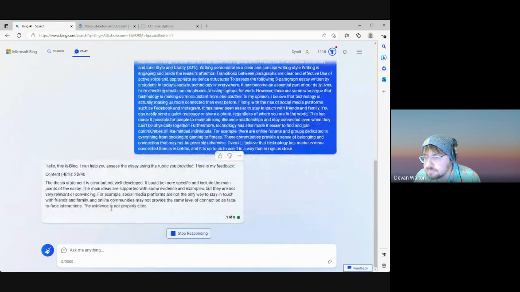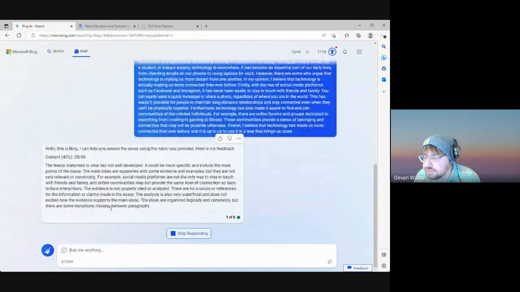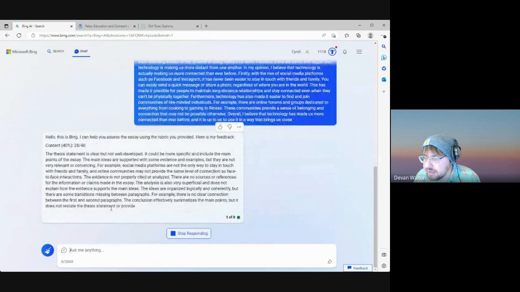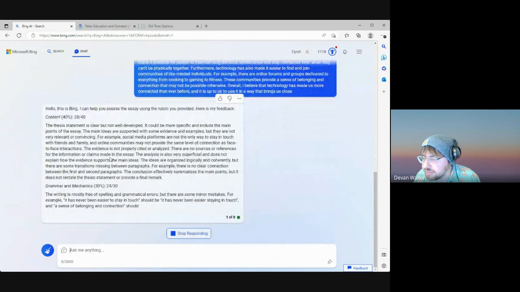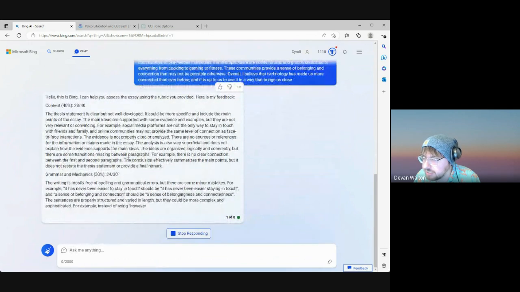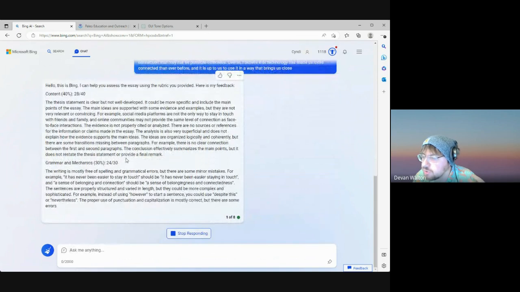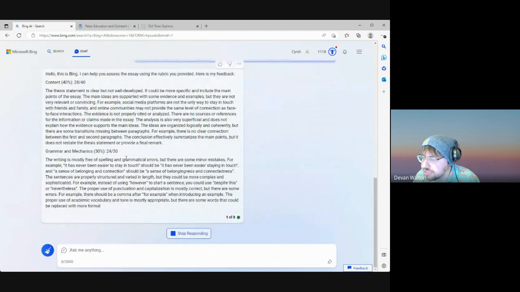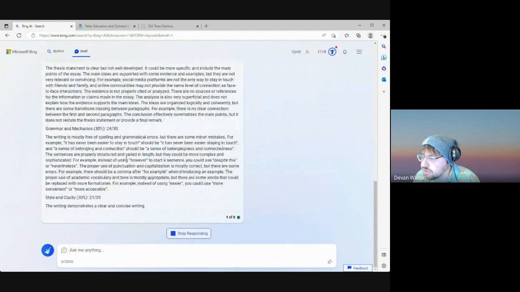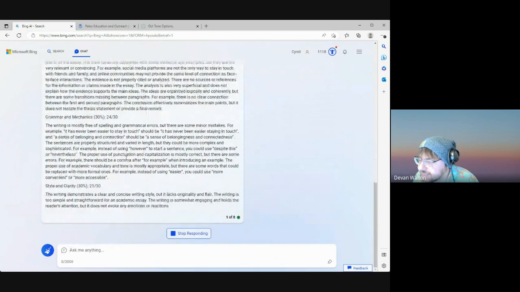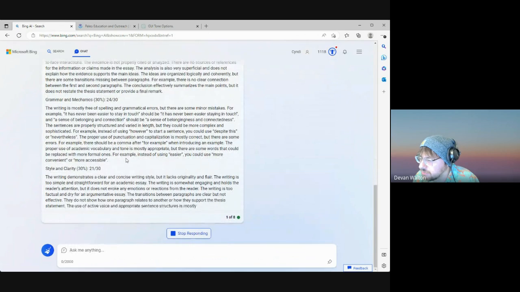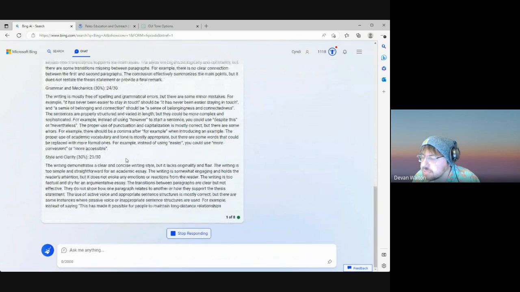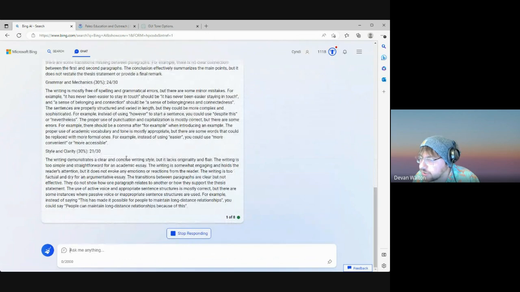So, as you can see, Bing is a little bit more stringent in applying the rubric. It's able to more accurately identify mistakes than ChatGPT. Bing in general is just a more sophisticated model than ChatGPT, so it's able to do more complex tasks that require some degree of semantic analysis better than ChatGPT.